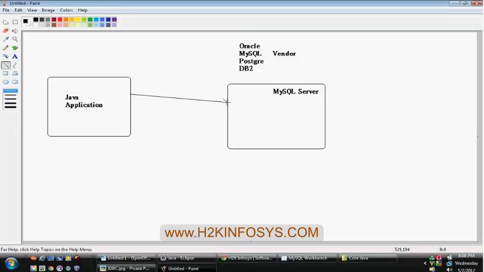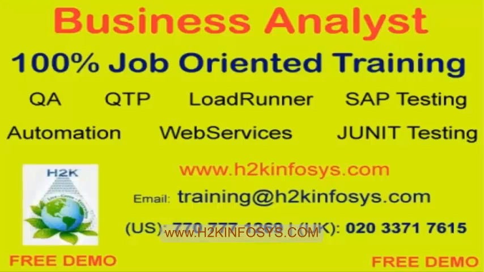That means, first of all, we need to establish the connection to the MySQL server. And we need to specify from which table. Normally the data is organized in terms of tables in the database. We need to specify on which table we want to retrieve the data, based on certain criteria.